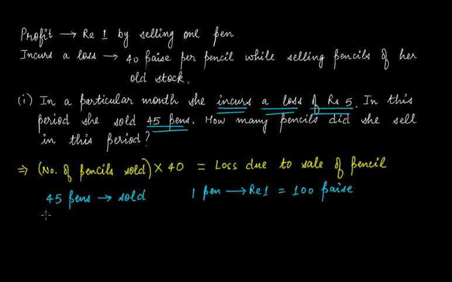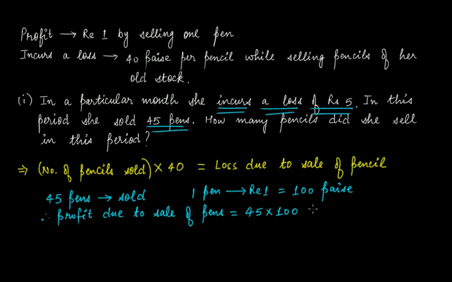Therefore the profit due to the sale of pens will be 45 times 100, right? Why? Because 45 pens have been sold, and for one pen you are making a profit of ₹1, that is 100 paise.